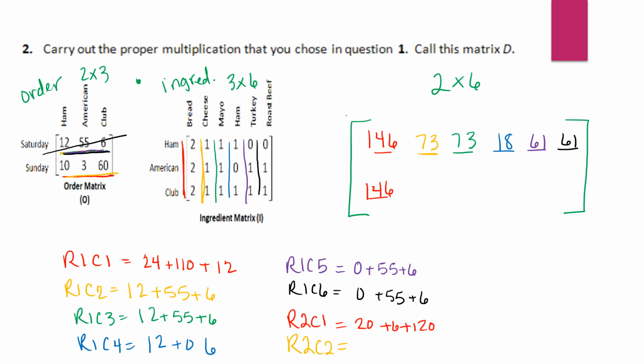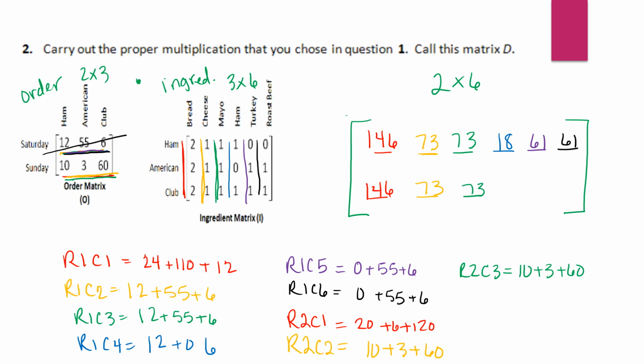Each of those elements are multiplied by 1, so I'll have 10 plus 3 plus 60, which would be 73. Again, if you notice, the elements of row 2, column 3 are the same as before. So 10 plus 3 plus 60 to give us 73 again.